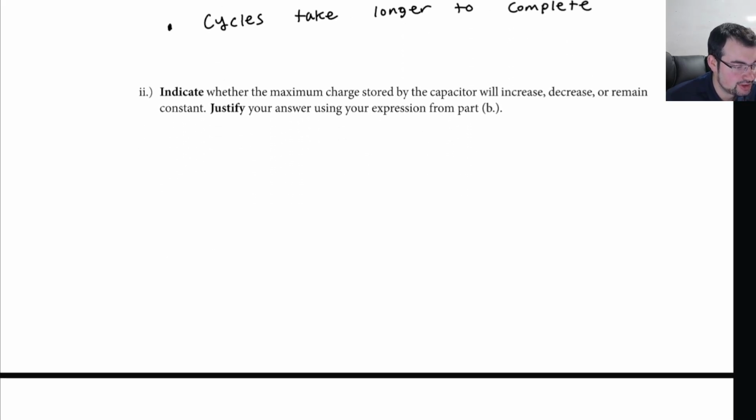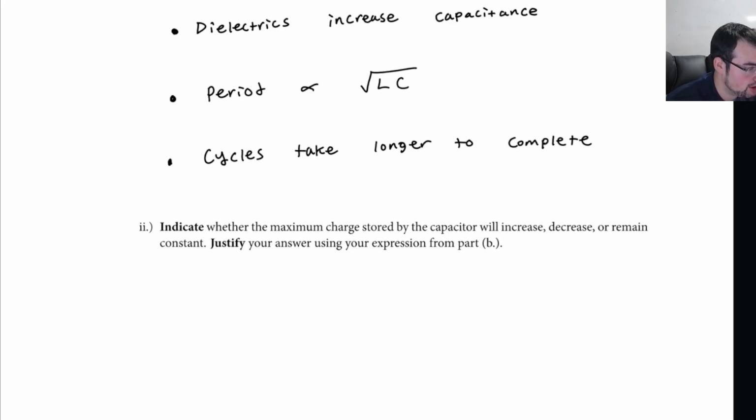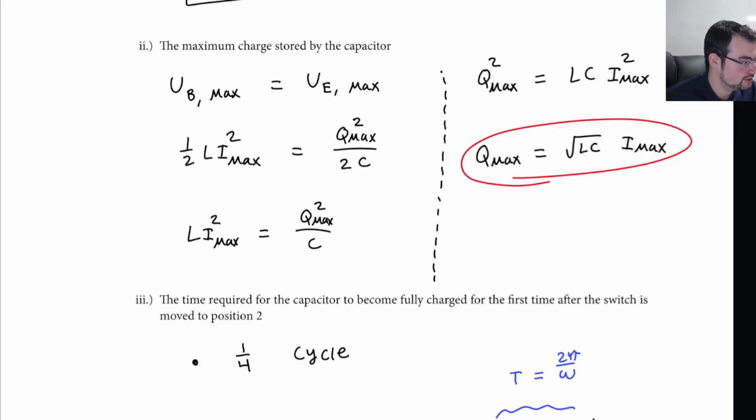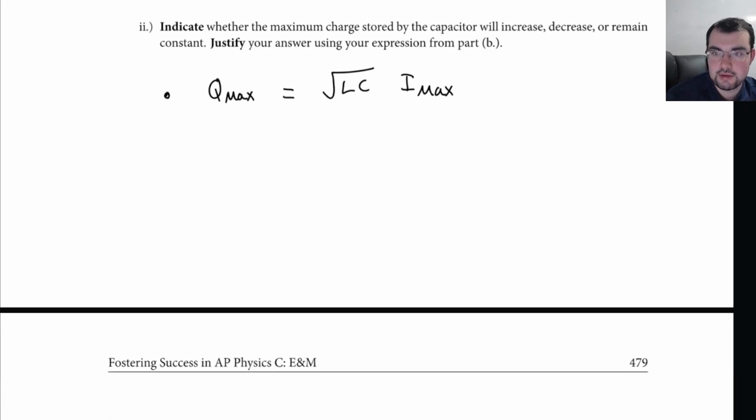And then lastly, we want to say whether the charge on the capacitor increases, decreases, or stays the same after we add the dielectric in. And you could reason through it conceptually, which might be a fun exercise, but I'm giving us the easier option. Just use your expression from part B. What does part B say? Maximum charge stored by the capacitor is this object. So we said that Q max equals the square root of LC times I max.